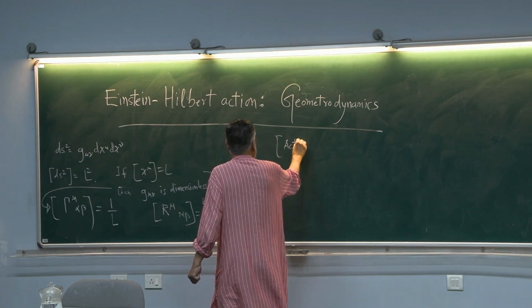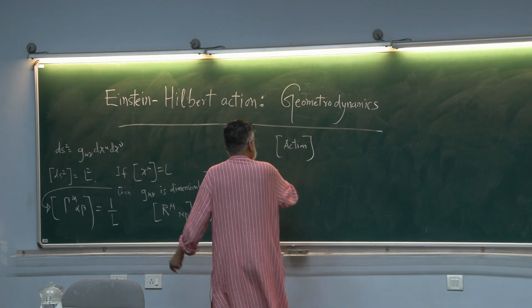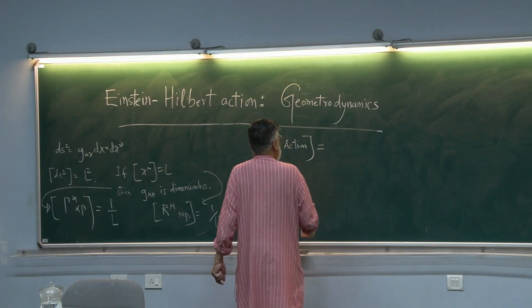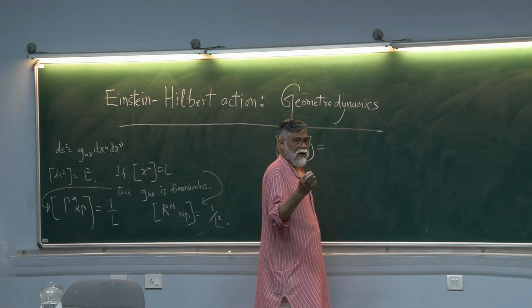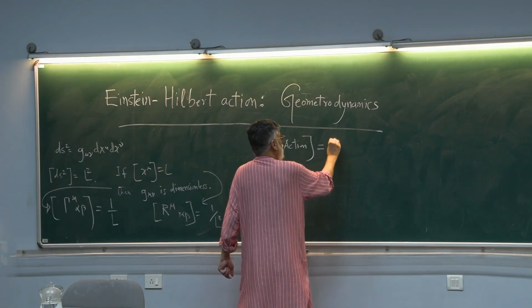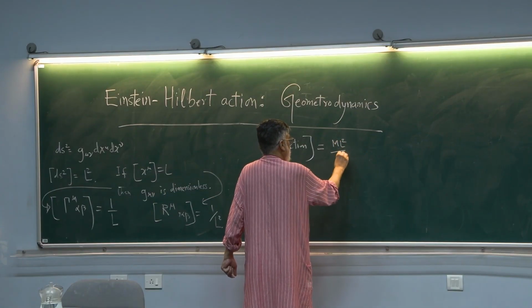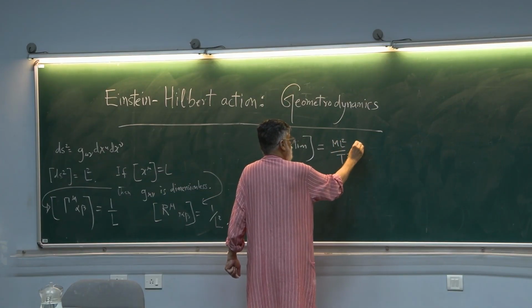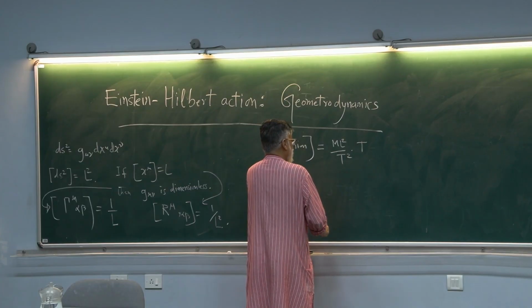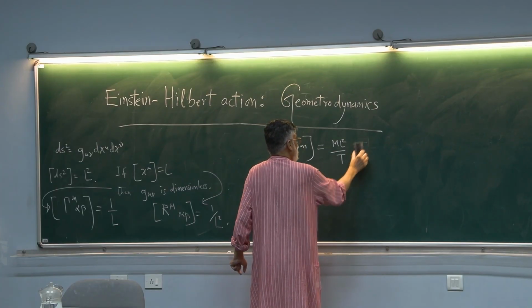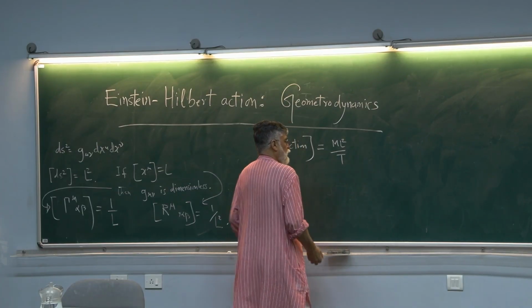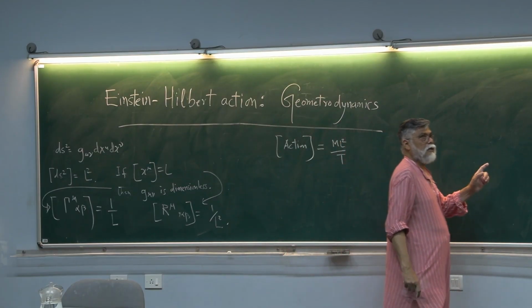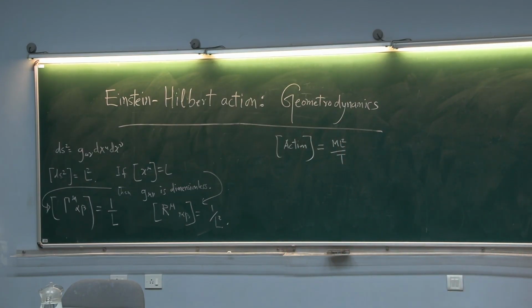Yeah, same as the dimension of Planck's constant, but in terms of MLT, action's dimension is energy into time. Energy's dimension is m L square by t square, kinetic energy. Energy into time, so time cancels. Action's dimension is m L square by t. There also, momentum into space.